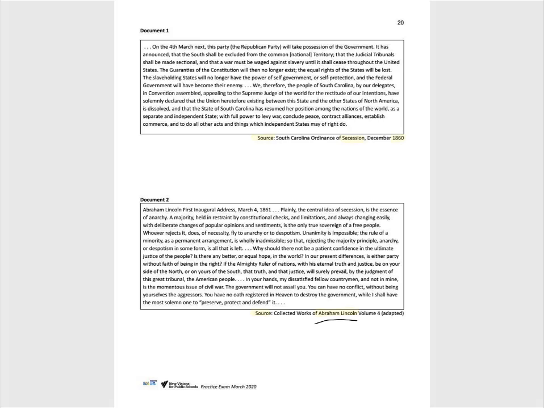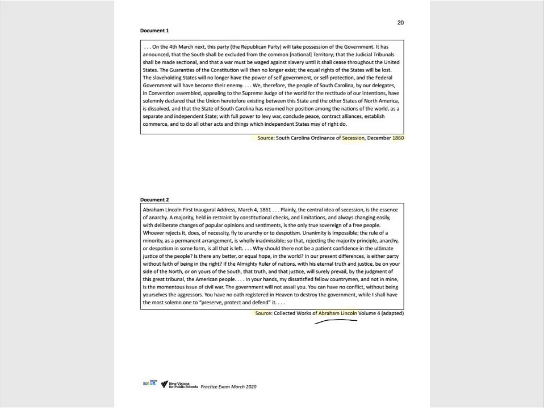So let's actually go through and read through these 2 documents and see what we can use to our advantage in the essay. Document 1, South Carolina Ordinance of Secession. On the 4th March next, this party, they're referring to the Republican Party, will take possession of the government.